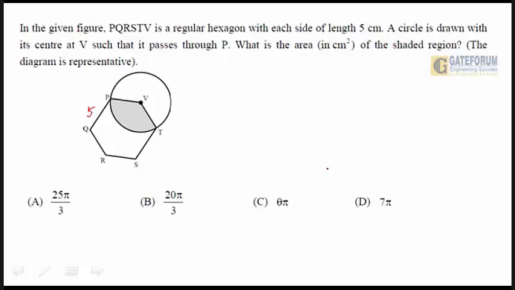A circle is drawn with its center at V such that it passes through P, and since the sides of the hexagon are equal, it's a regular hexagon, so it must also pass through the adjacent vertex. They have asked you, what is the area of the shaded region? Take a few seconds to solve it, then we will do it together.